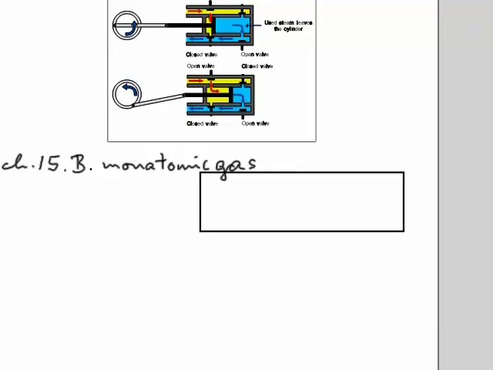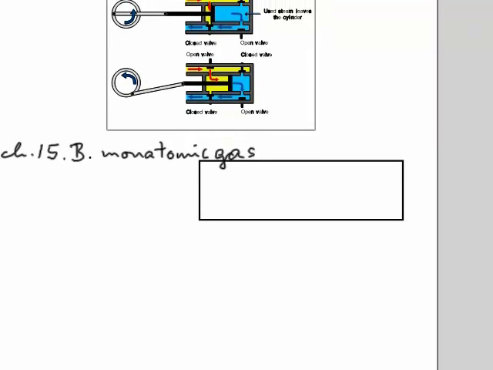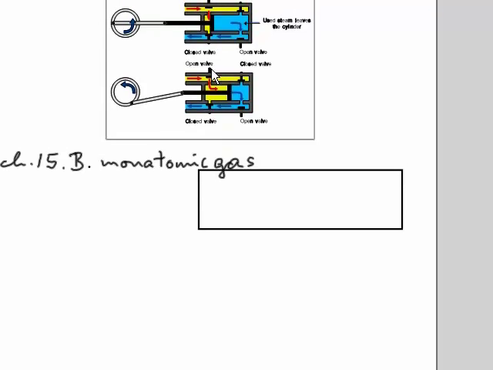So I need more space. Okay, so the PV diagram looks kind of like this. PV, and then we start somewhere here, and it's an expansion, so it goes to the right, and then the pressure is supposed to go down.